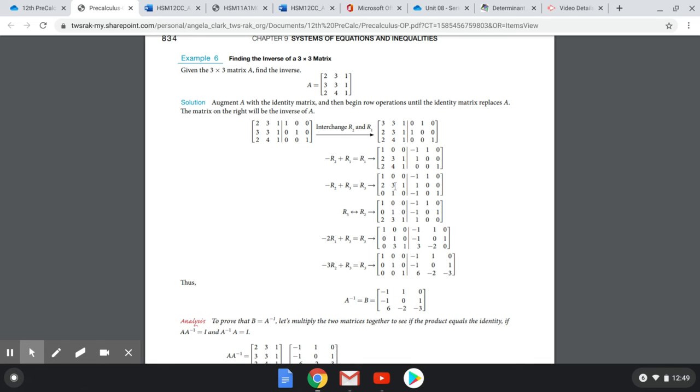I would have just put it in the second row because then they went ahead and switched rows. Not sure why they did it that way. Possibly it made some of the arithmetic easier later on. But either way is fine.